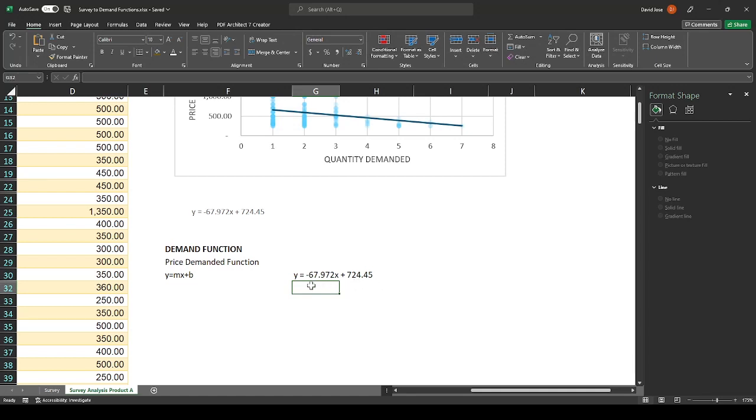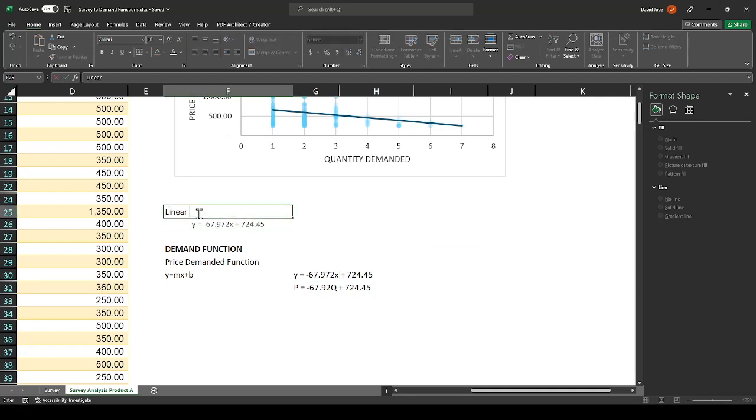And of course, we're going to convert that into a proper function where y becomes the price and the x becomes the quantity. So price equals negative 67.92 quantity demanded plus 724.45. So this is the linear regression.